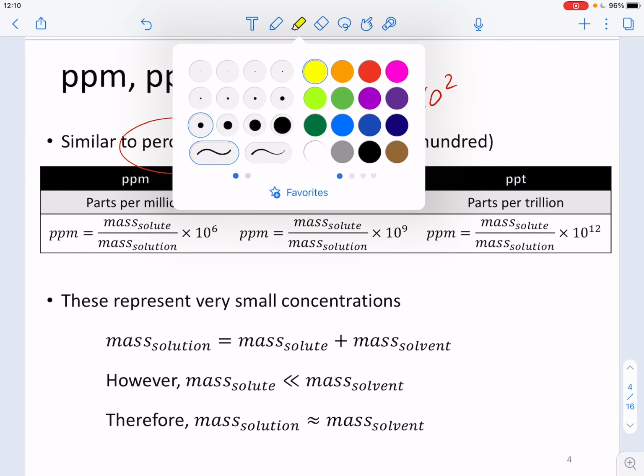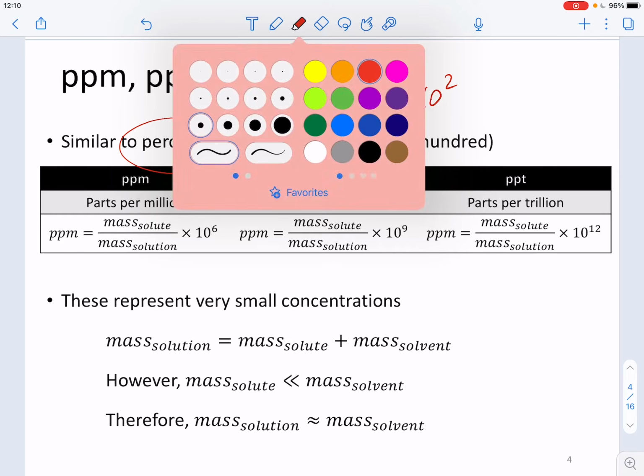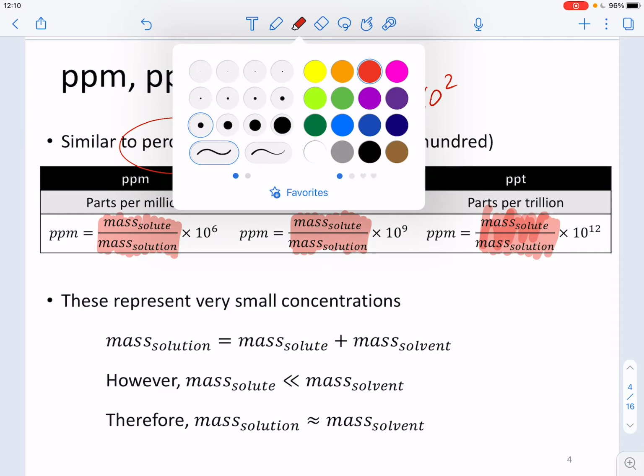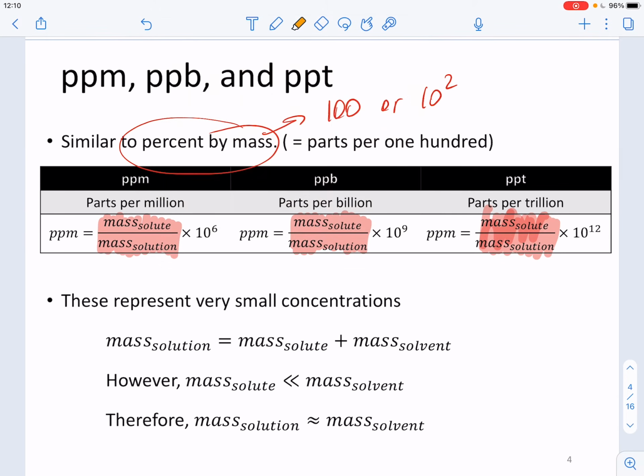One thing I want you to notice is that in all three of these units, you are using the ratio mass of solute divided by mass of solution. The difference is the multiplier. For parts per million, you use 10 to the power of 6, or 1 million.